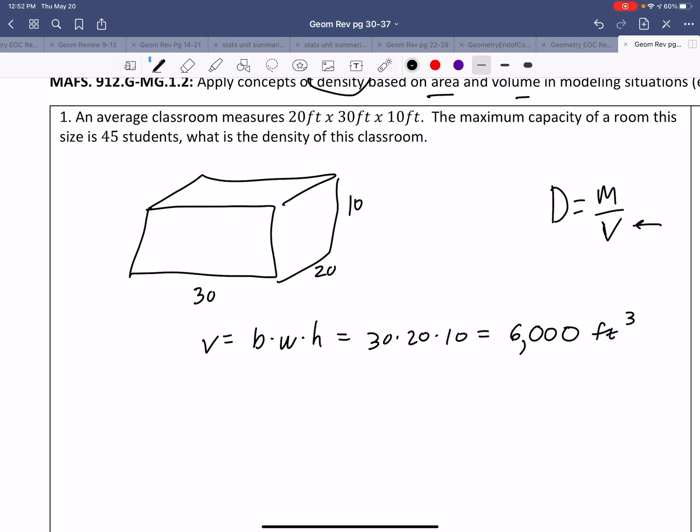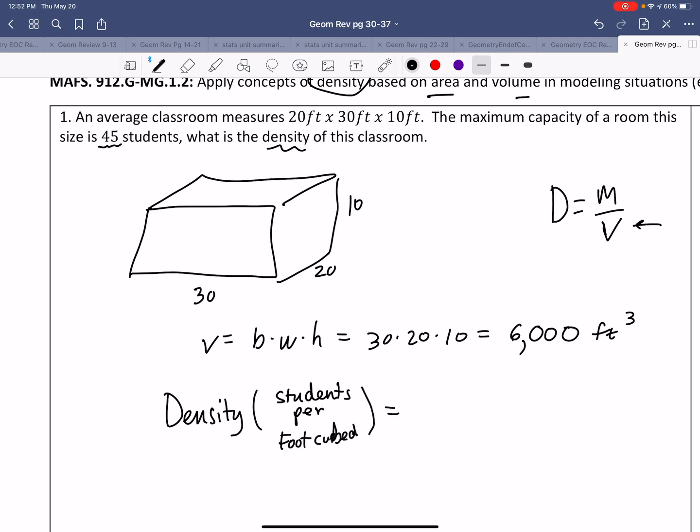The maximum capacity of a room this size is 45 students. So how many students? The density would be measured in students per foot cubed, right? Or cubic feet.